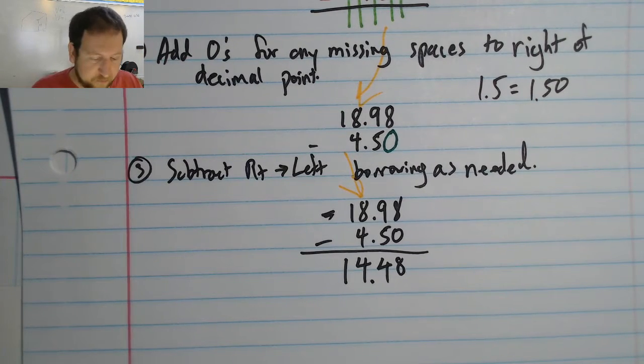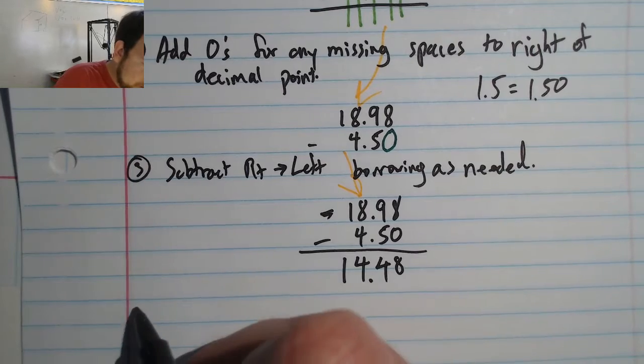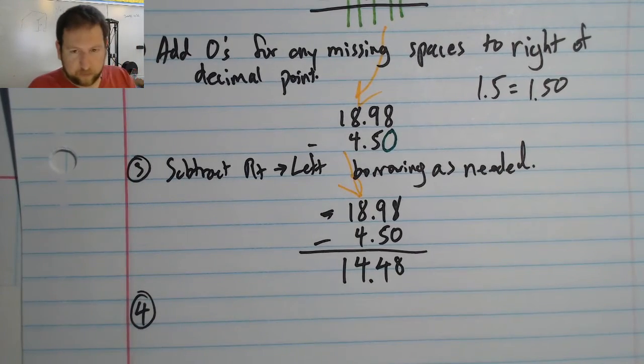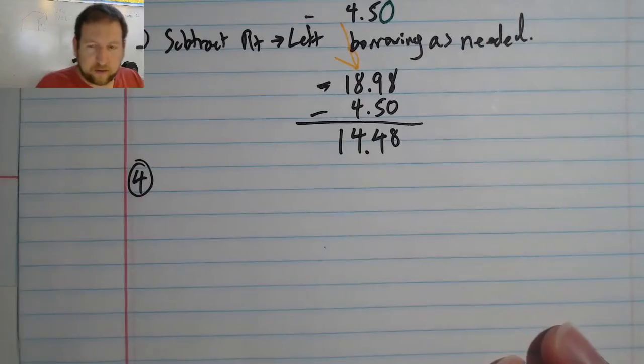Oh, that was step 4. I might have skipped it a little bit. Sorry, out of habit. And then 4 is insert the decimal point so it lines up with the original.